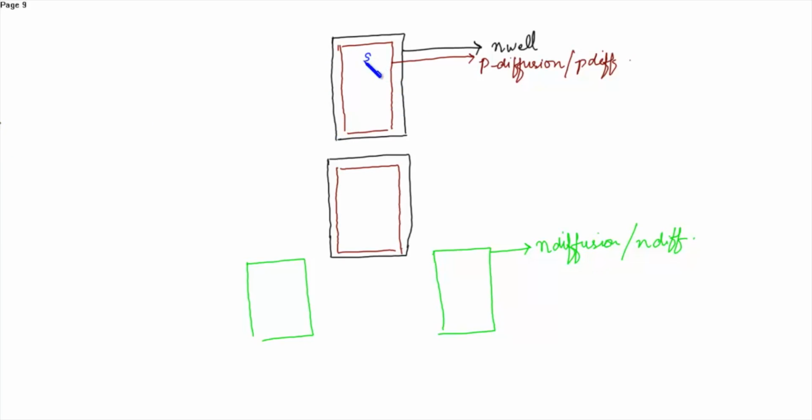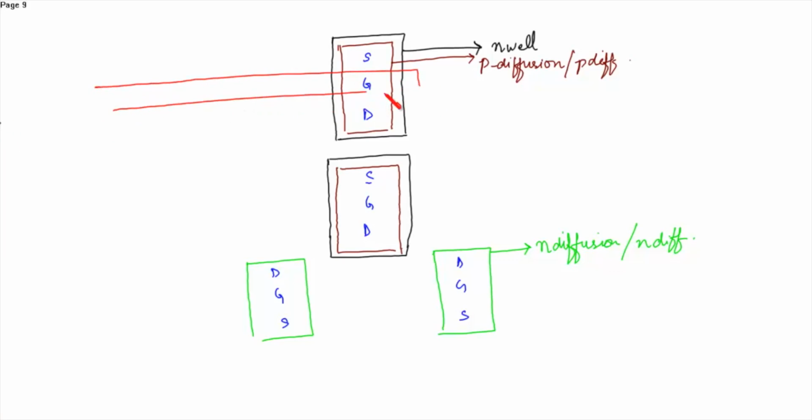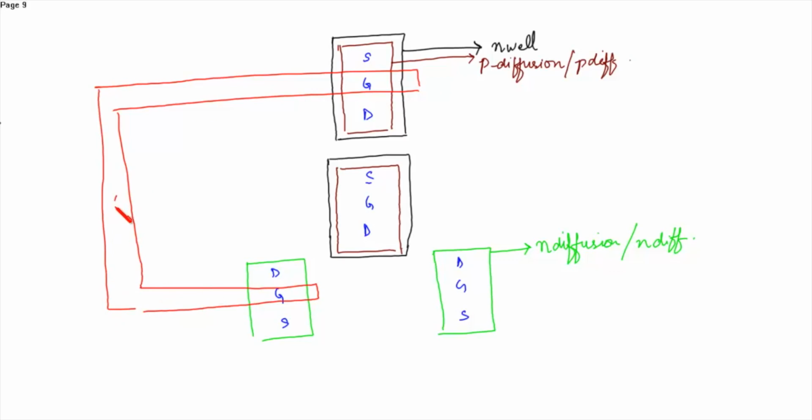So this is the source, gate and drain. This is the source, gate and drain. Drain, gate, source. Drain, gate and source. So this is A input. So select from here, this is input A.